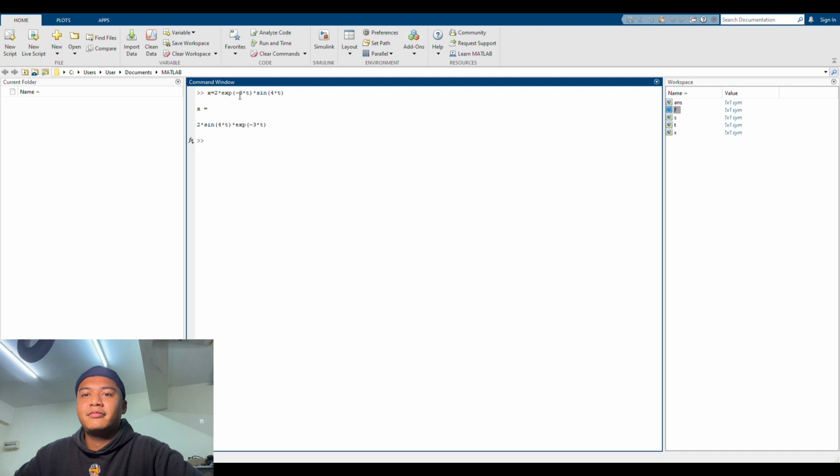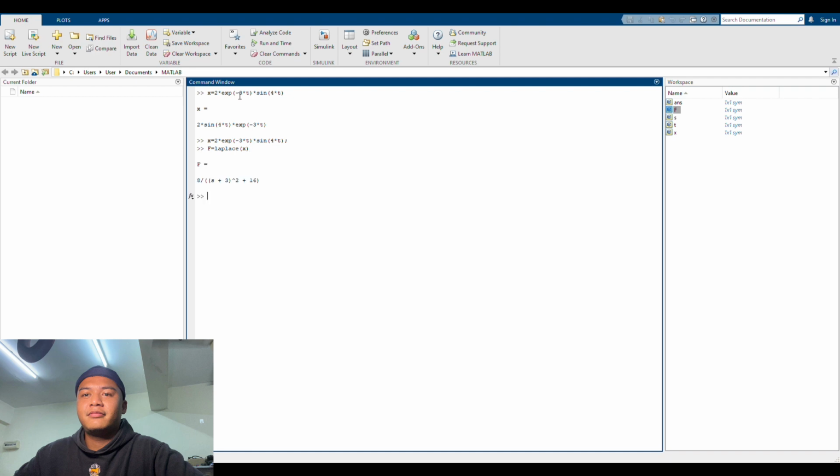If we don't put the semicolon, then we put f equal Laplace x.